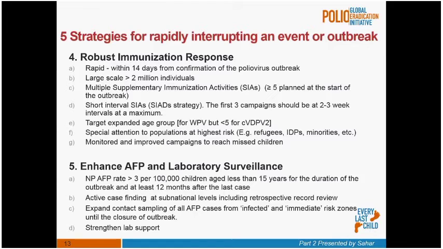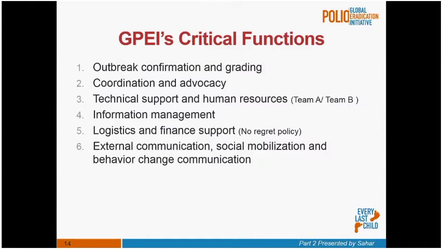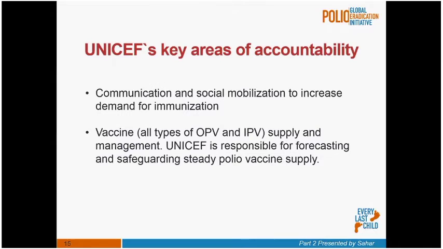The last strategy is the enhancement of AFP and laboratory surveillance, and I will not go into details of that in the interest of time, but all the details are already mentioned in the SOPs as well as in the slides. So what are the critical GPEI functions? There are 6 areas specified in the SOPs, and those include, from the minute of the outbreak confirmation and grading referred to earlier, the coordination and advocacy, the technical support, information management, logistics, finance, and the external communication and social mobilization.